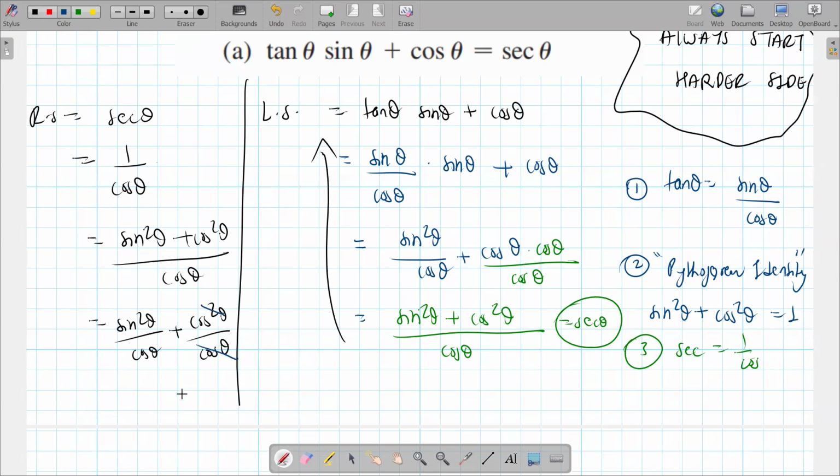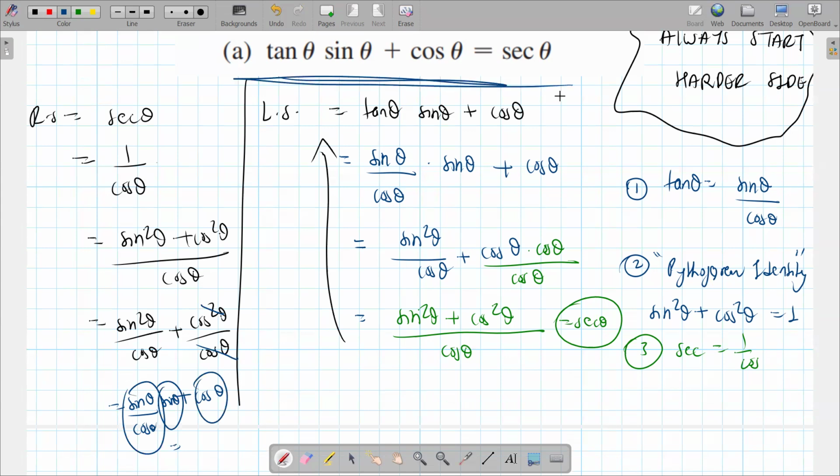Here this cancels out with this, so you're left with cos theta. Here what you're going to do is split up the sine squared into sine theta over cosine theta times sine theta. Now you have tan times sine plus cosine, which is what the question was to start off with. So again, the right side start is not really recommended. Left side start is very simple. Let's try another one.